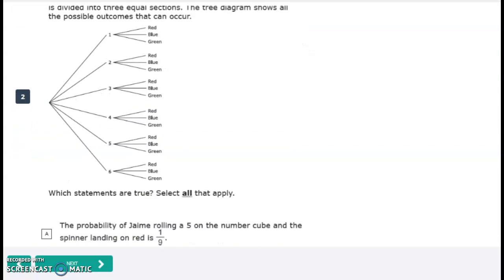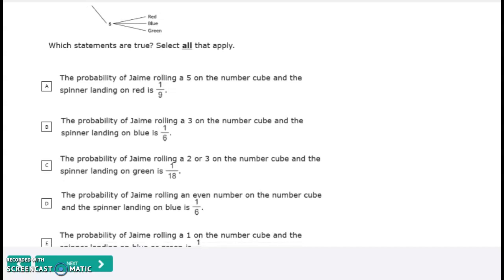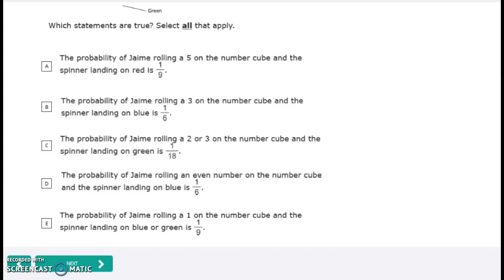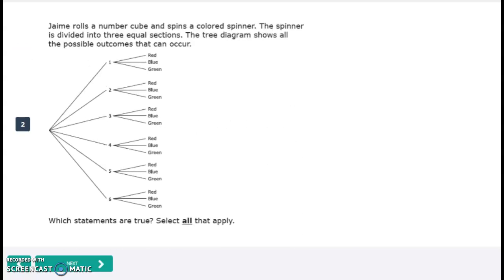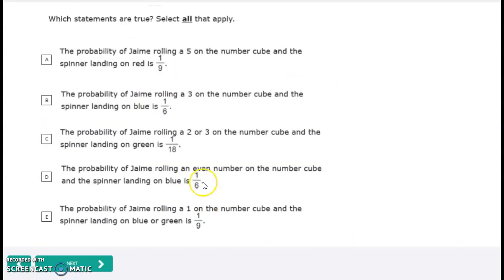If I look at my answer choice, it said 1 out of 18, which is again false. Moving on to choice D, an even number and landing on blue. So 2, 4, or 6, that was 3/18, which does simplify to 1/6. So choice D would be correct.